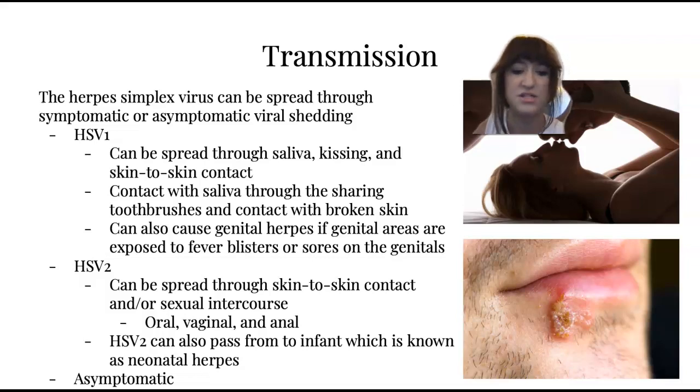Transmission commonly occurs from contact with an infected person who does not have visible herpetic lesions and who may not know that he or she has the virus. So it is very common to see asymptomatic transmission.